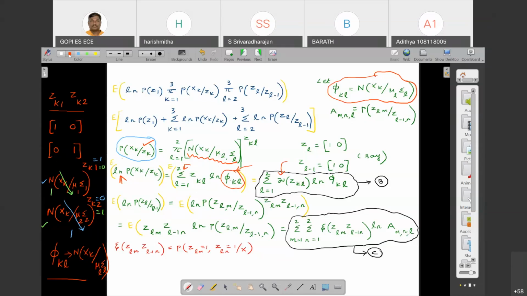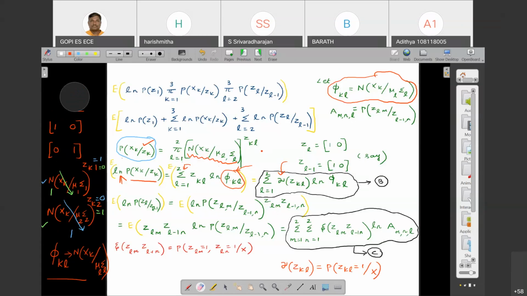So just like the previous understanding, I'll write somewhere here: gamma of ZKL is nothing but the probability of ZKL equal to 1 given X. So that is the meaning of it, and that is what is written here. So now this is about the second term.